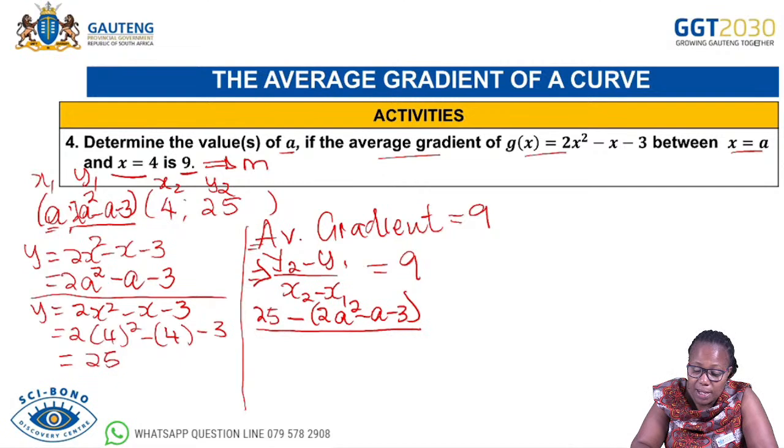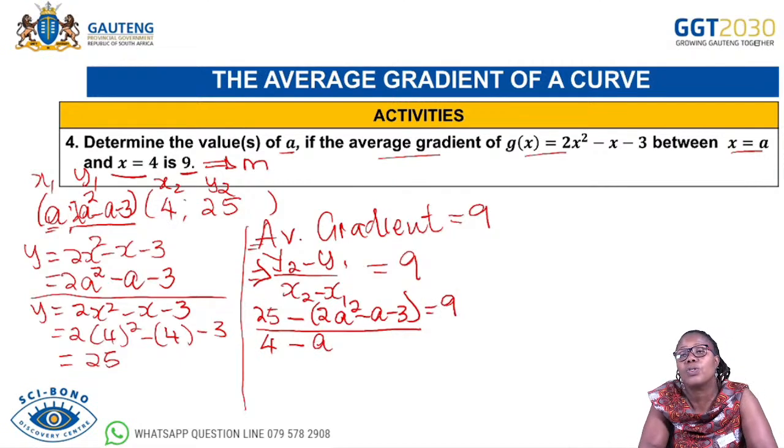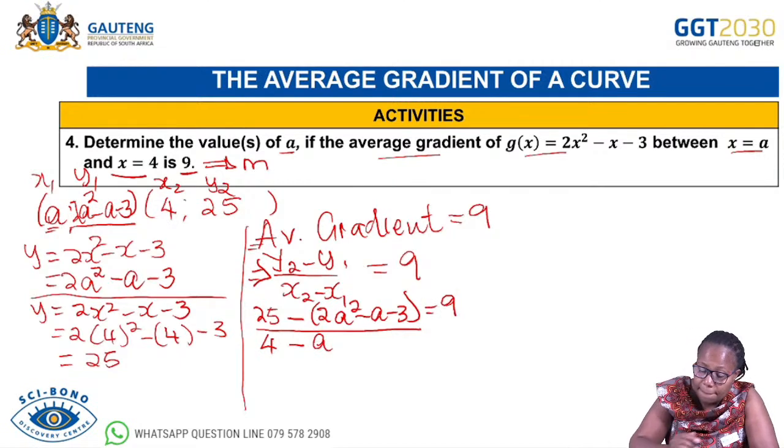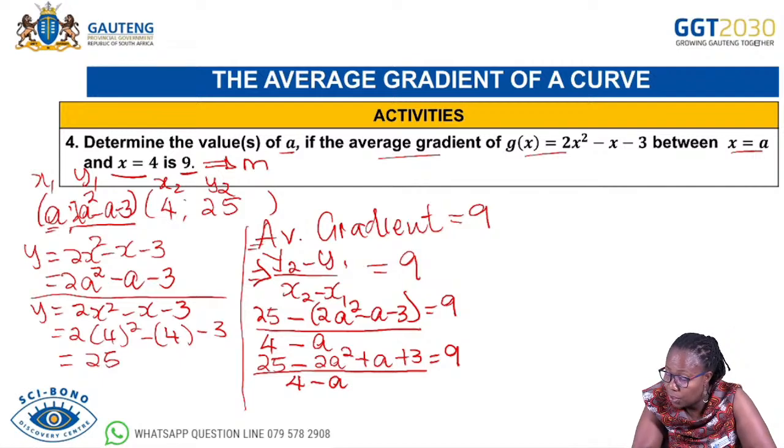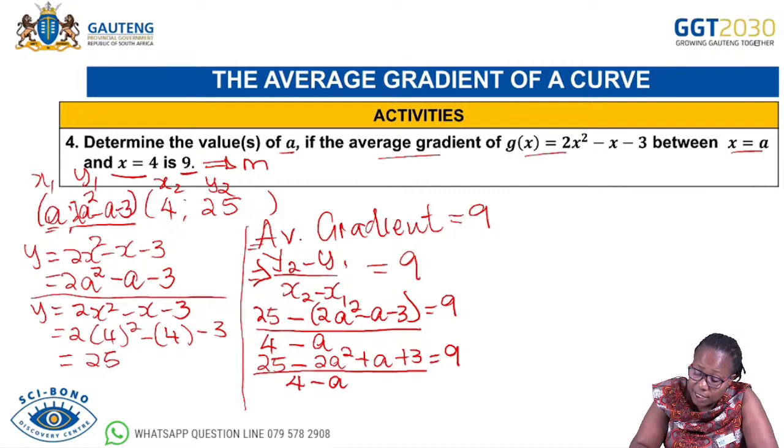And then divide by x2, which is 4, and then minus the x1, which is a. Remember, this is still equals to a 9. Okay? Then you are having 25 minus 2a squared plus a plus 3. And then everything over 4 minus a equals to a 9. Happy, creatures? And then from here now, we can check the like terms on the numerators.